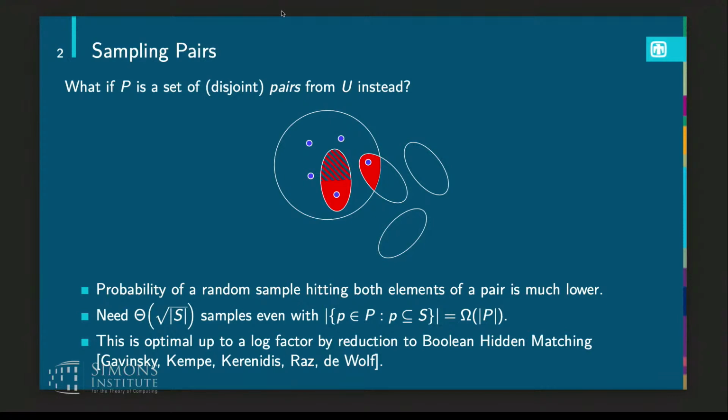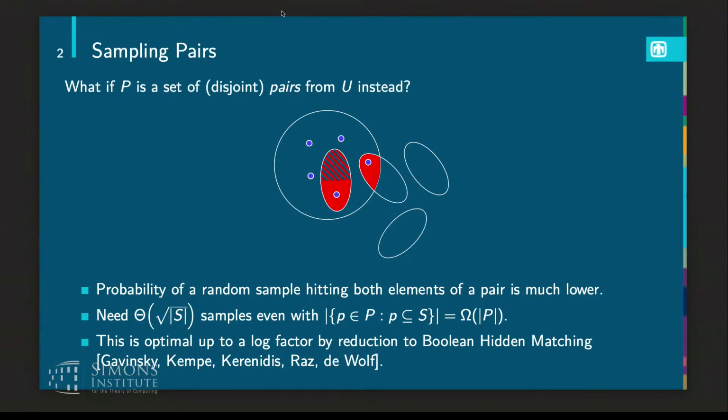But if you've seen the Boolean hidden matching problem before, one thing that you'll know about it is that this problem actually exists to prove exponential separations between quantum and classical communication complexity.